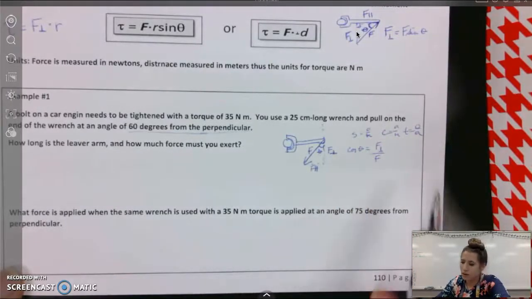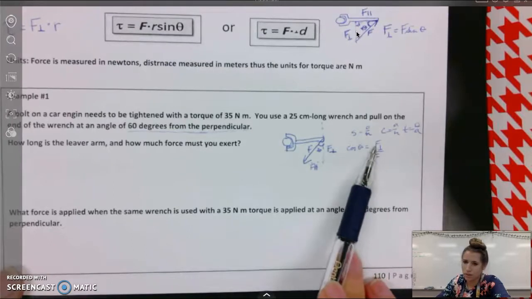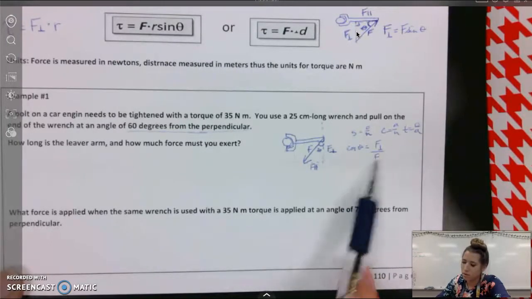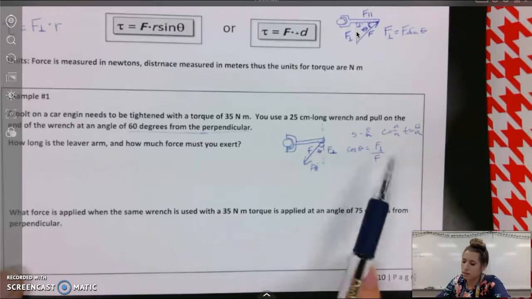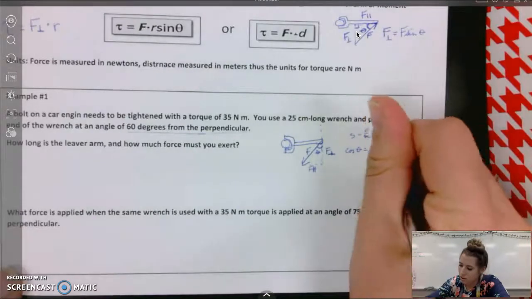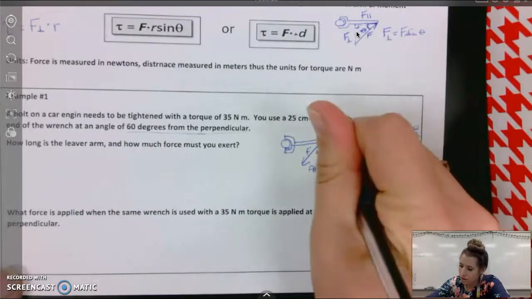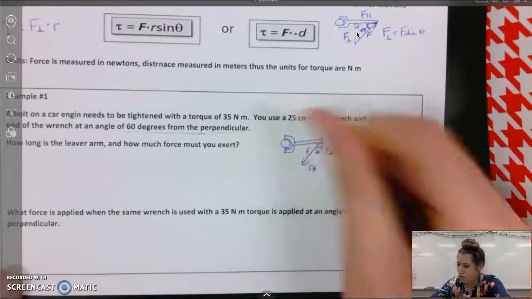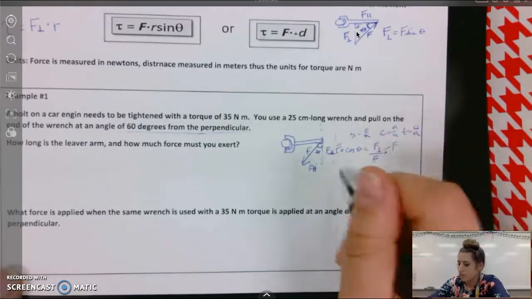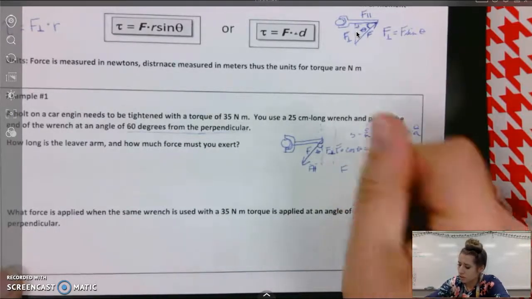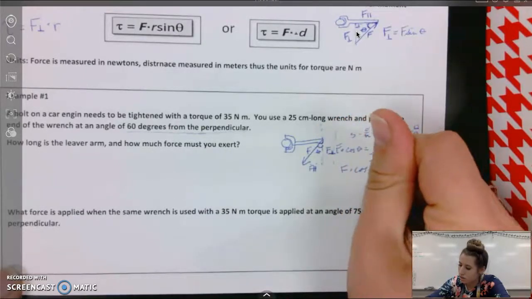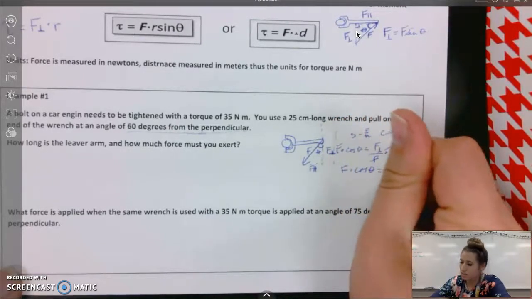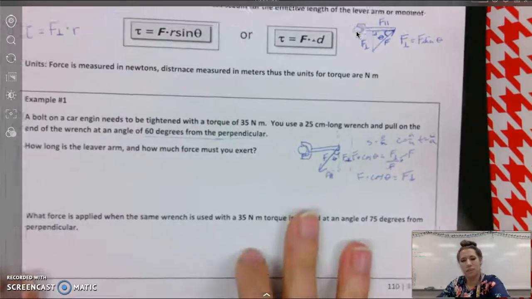Okay? So if I want to know this perpendicular force, I want to multiply both sides by the whole component of force, right? I'm going to multiply this side by force and that side by force. Ooh, don't want to get those mixed up. And so force cosine theta is equal to the perpendicular component in this situation.